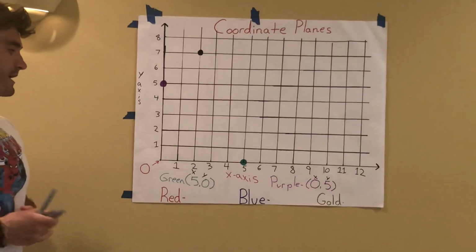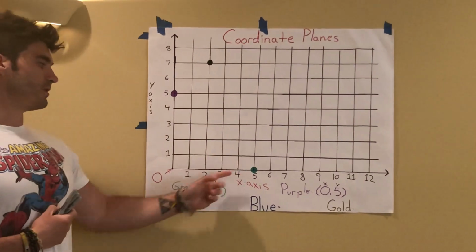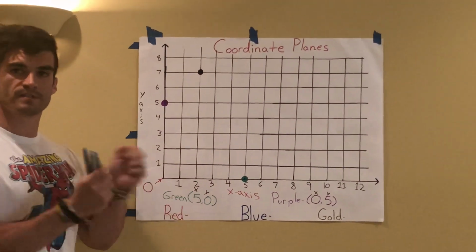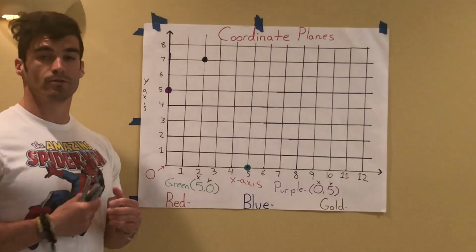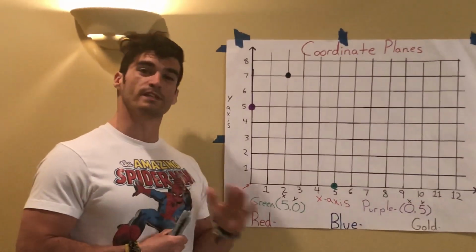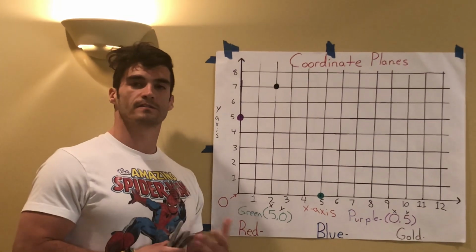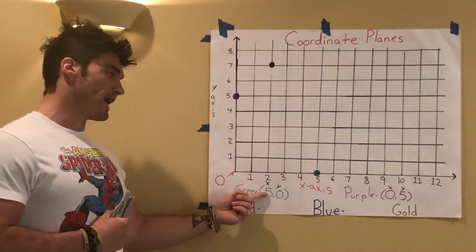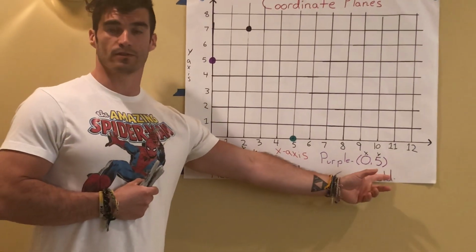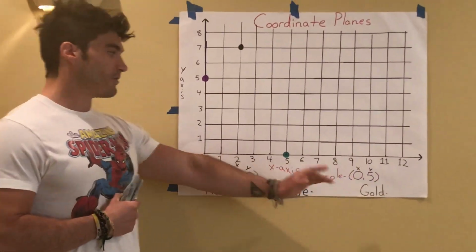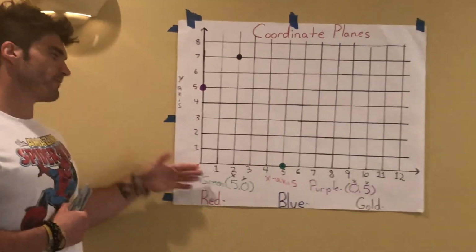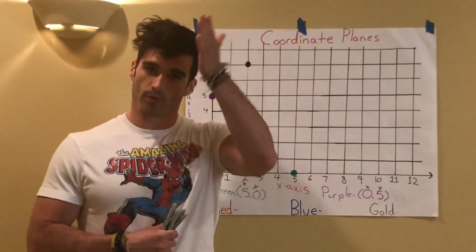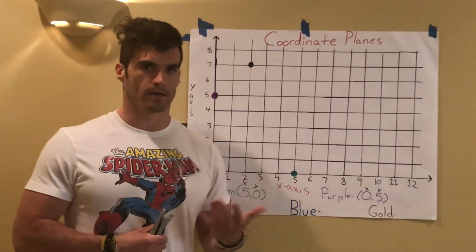Now, the reason I picked these two examples, green and purple, is that they're the same numbers, except they're not really the same. And if you have a misconception, you could easily get confused and miss this kind of question if it was styled to you in your work. Now, green is (5, 0), purple is (0, 5) for its ordered pair. That's where you have to understand that you have to go sideways before you go vertical, up and down.